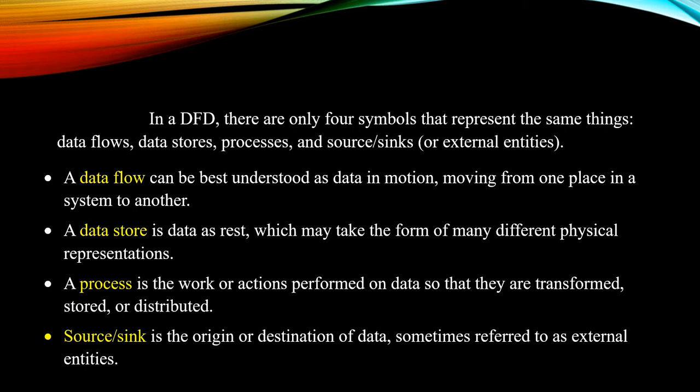Data store is the storage of data. It also means the data at rest, which may take the form of many different physical representations. The process is the work or actions performed on data so that they are transformed, stored, or distributed. The source or sink, the external entity, is the origin or destination of data.